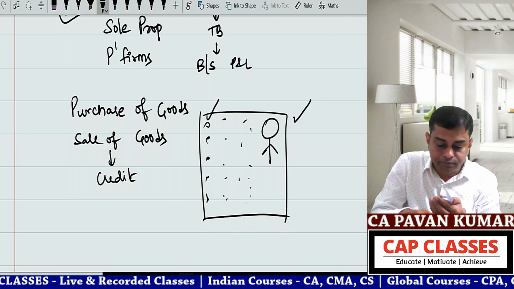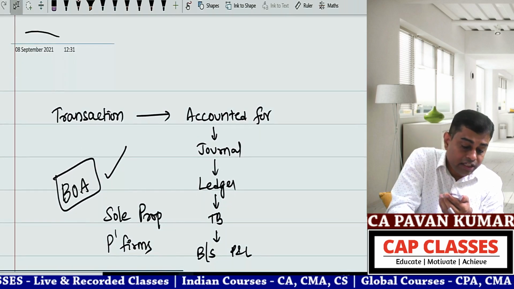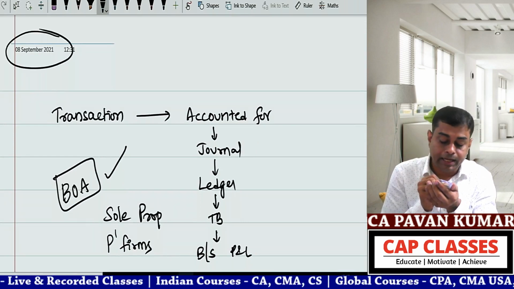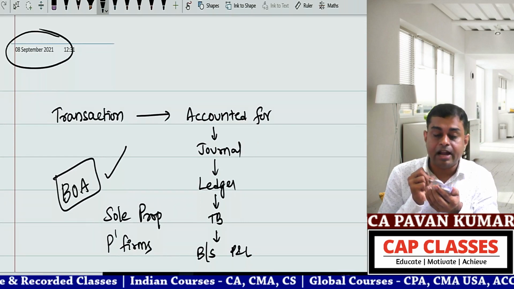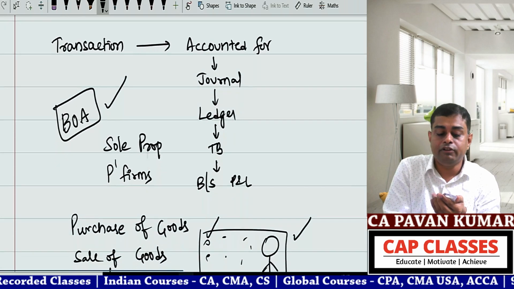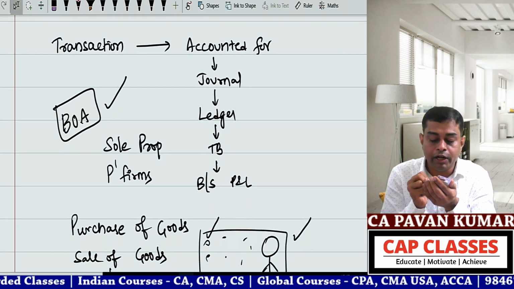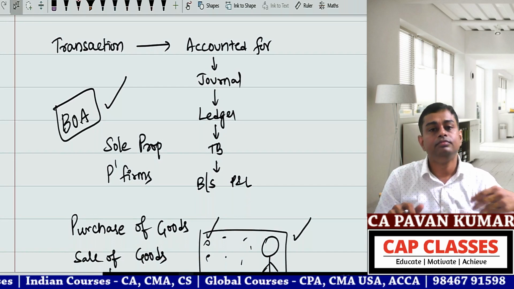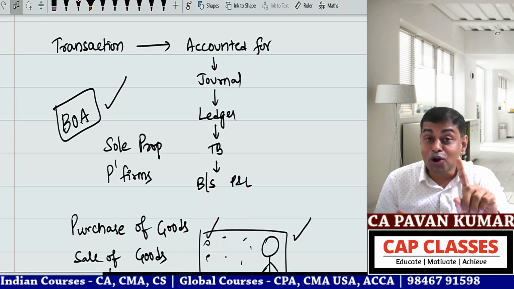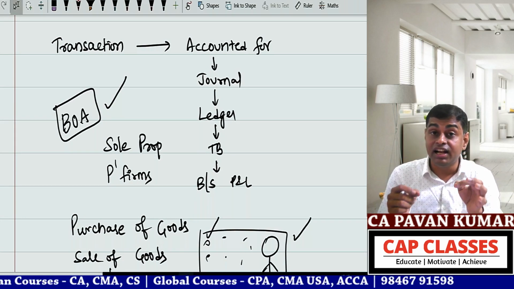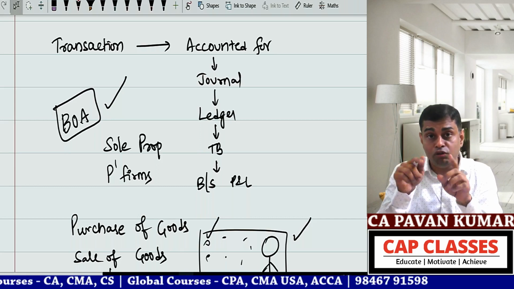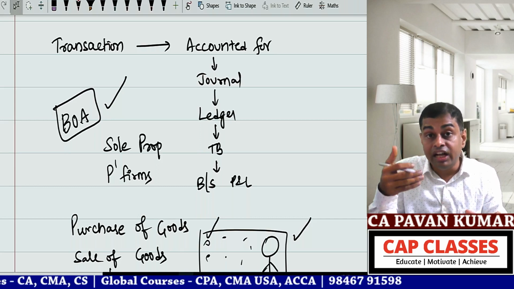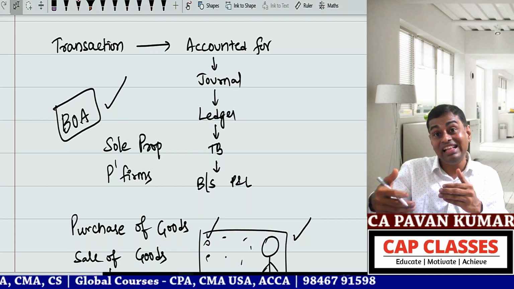What is today's date? 8th September 2021. Then you will write 210 rupees. You do not know to pass a journal entry: Pavan Kumar account, in brackets debtor, debit to sales account 210.